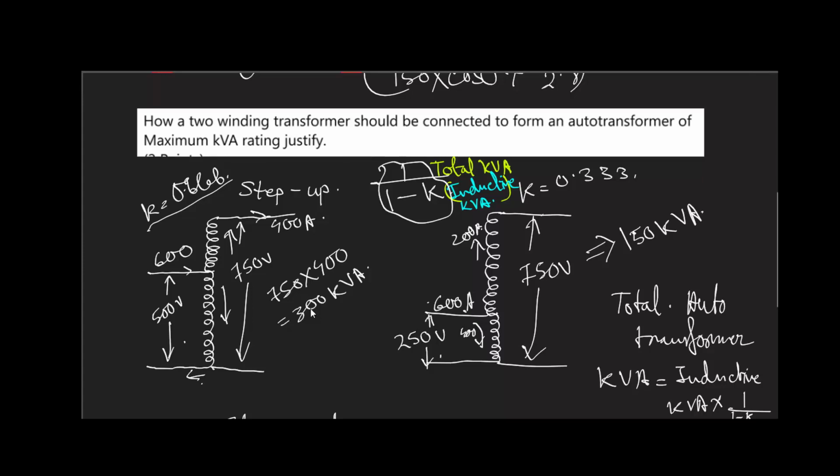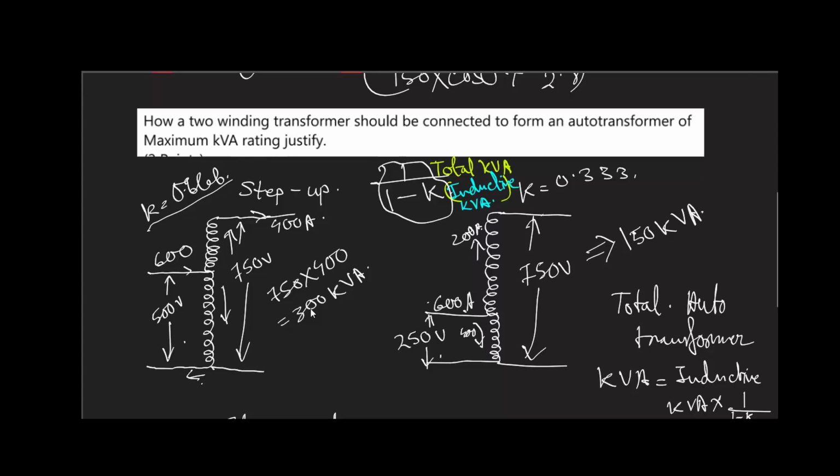So it should be your goal to make conductively transferred kVA as much as possible rather than inductively transferred kVA. Now, when you connect the low voltage winding, either to collect the power or to deliver the power, you are relying more on inductive mode rather than conductive mode.